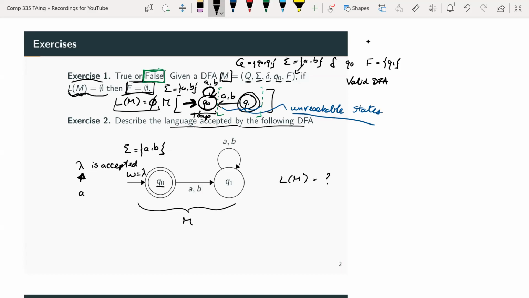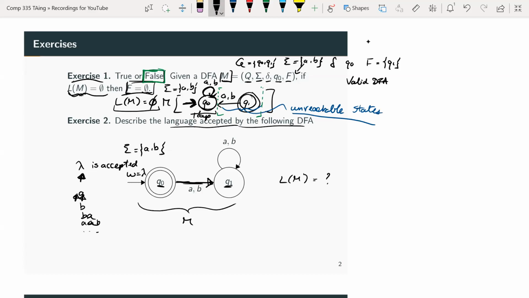You start the input in Q0, but then you have to read your A, so your machine must transition from Q0 to Q1. The same thing can be said for any other string like B or BA or AAB, and so on. Every other string has to transition to Q1.